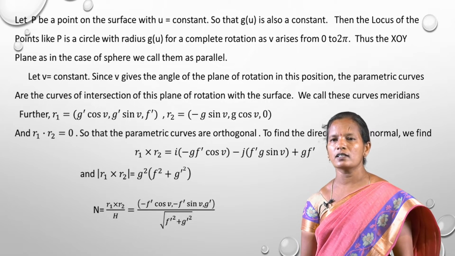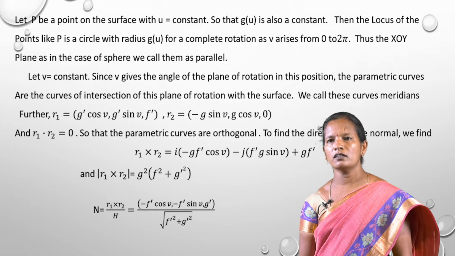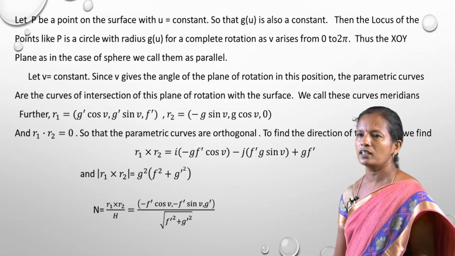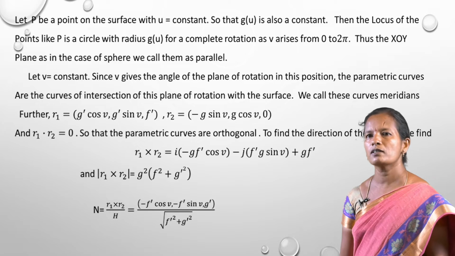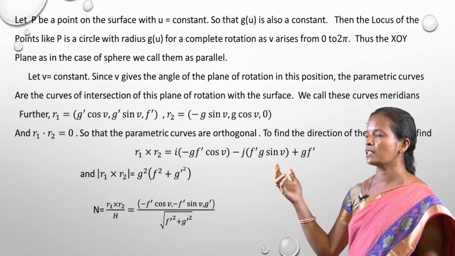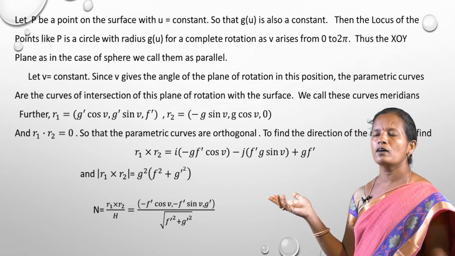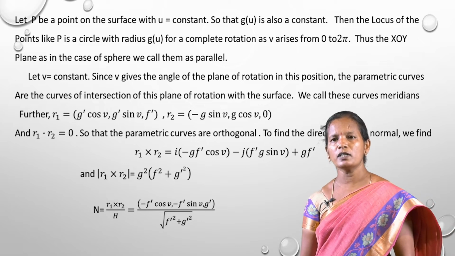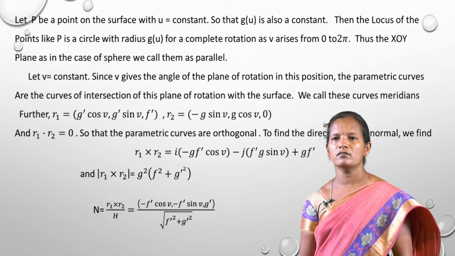Let v be equal to a constant, since v gives the angle of the plane of rotation in this position. The parametric curves, or the curves of intersection of this plane of rotation with the surface, we call meridians.